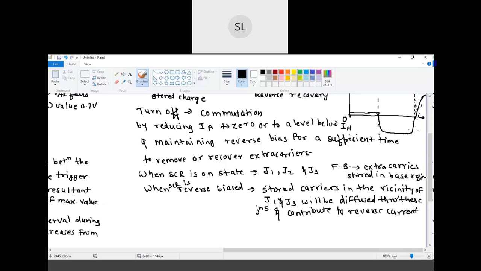So far this reverse current is appreciable in magnitude, the voltage across the thyristor will remain at about 0.7 volt, because as we have already studied, once the SCR is in the on state, the voltage across it is approximately 0.7 volt.